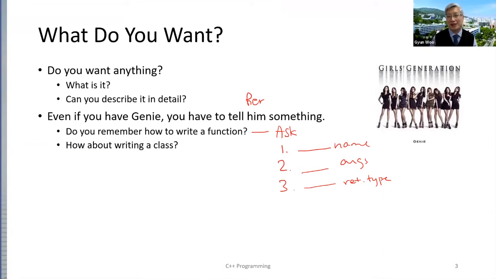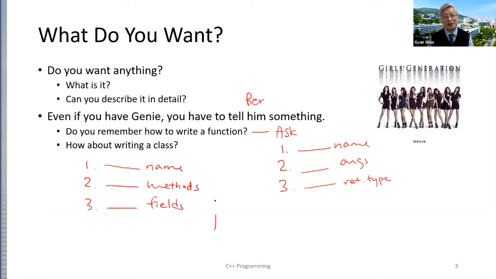So how about writing a class? You have to ask, what is it for? That is for the name. And what operations does it need to support? That is for the methods. And what does it store? What does it need? That is for the fields.